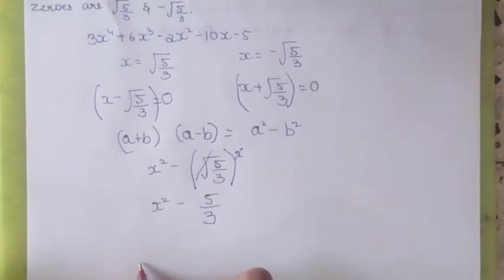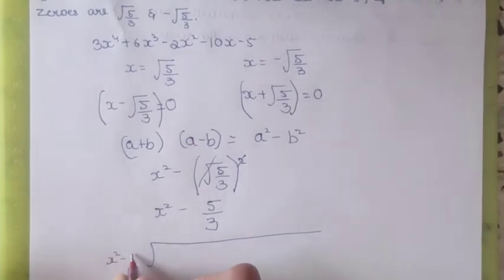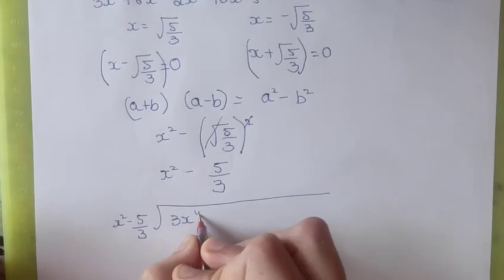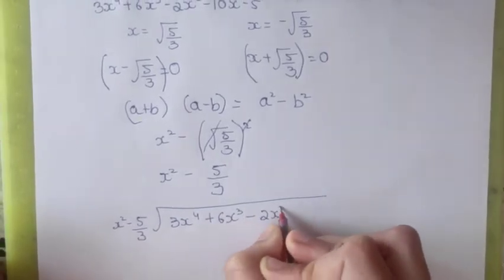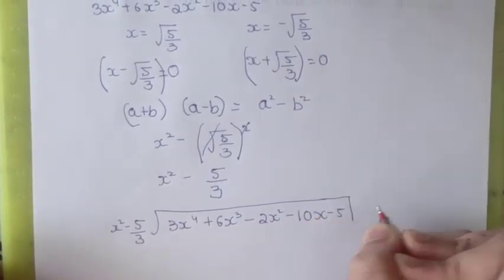So our g of x is x square minus 5 by 3 and p of x is 3x^4 + 6x^3 - 2x^2 - 10x - 5.